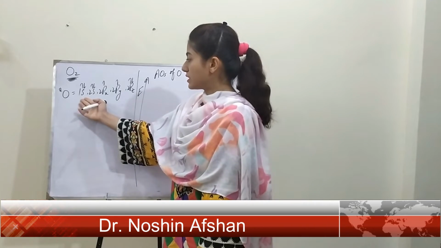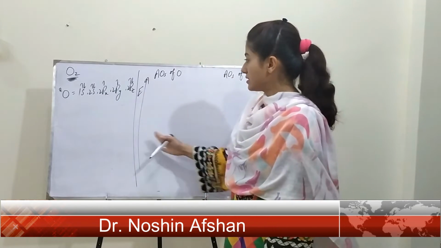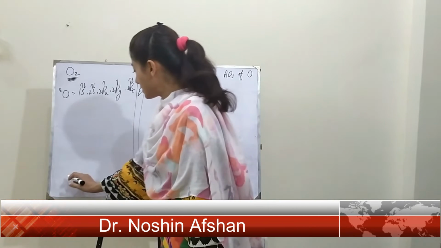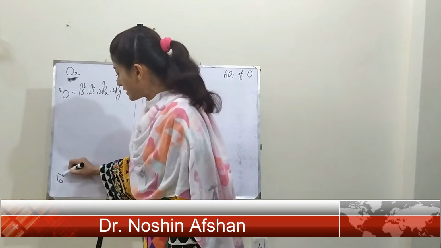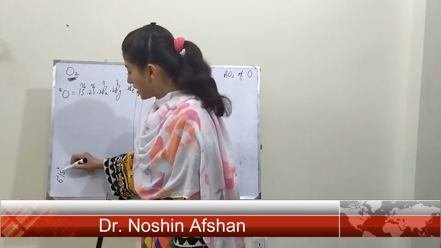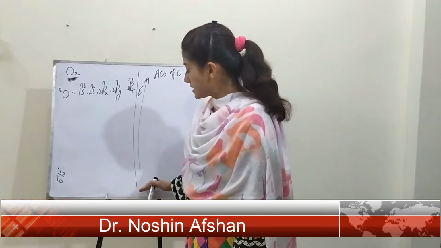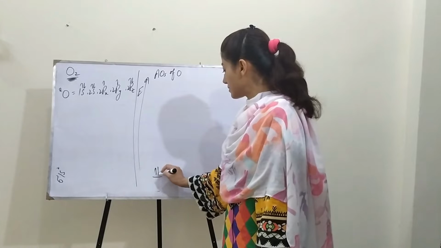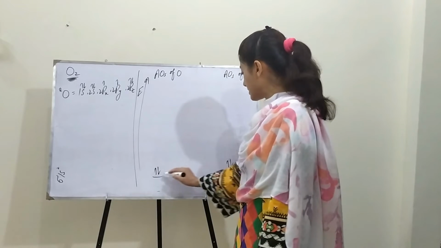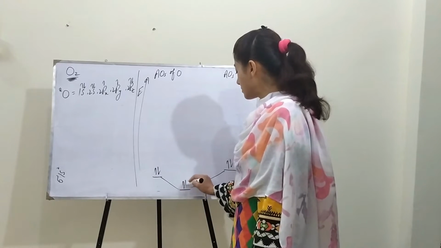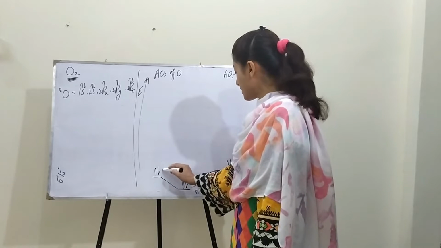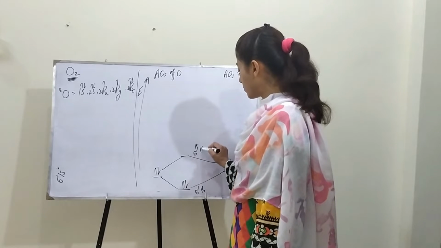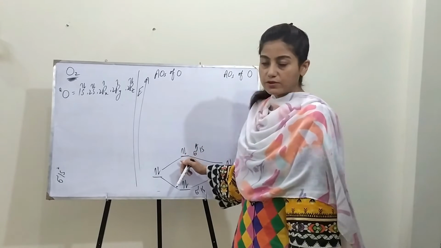So starting from its 1s and 2s orbitals, here the same pattern would be followed as in the previous examples to form sigma 1s2, and it would be at the lowest energy level. We will start from the 1s here and here 1s. These would form the bonding molecular orbital, that is sigma 1s, and antibonding would be formed as sigma star 1s. Here there would be 2 electrons.